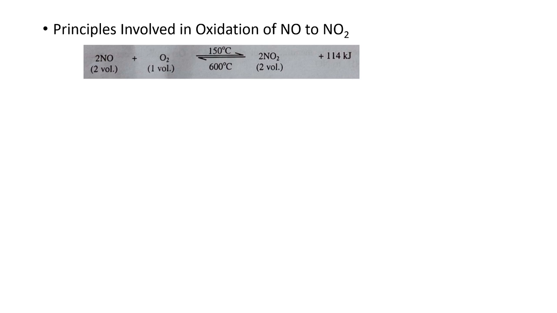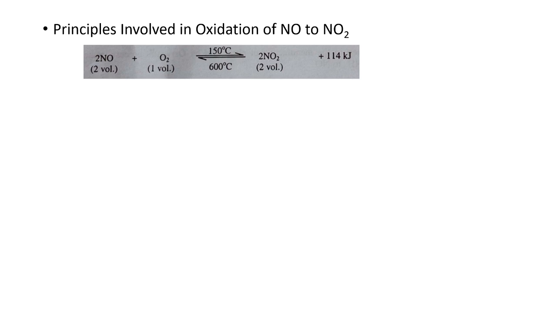This reaction again is reversible, and the forward reaction is exothermic. You can see a lot of energy is evolved, and there is a decrease in volume when NO2 is formed. On the reactant side there are 3 volumes, whereas on the product side there are 2 volumes. So volume is decreasing, which means pressure is to be increased.